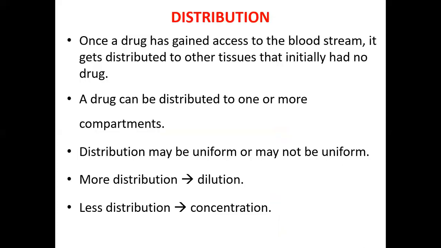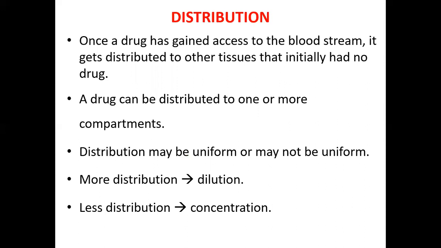Once the drug has gained access to the bloodstream, it gets distributed to other tissues that initially had no drug. So you take the drug either orally or parenterally, then it gets absorbed and gains access to the bloodstream, from where it is distributed to the tissues which have no drug initially.